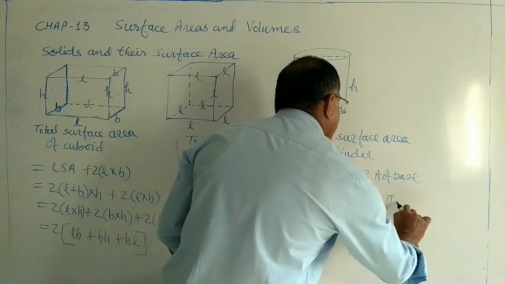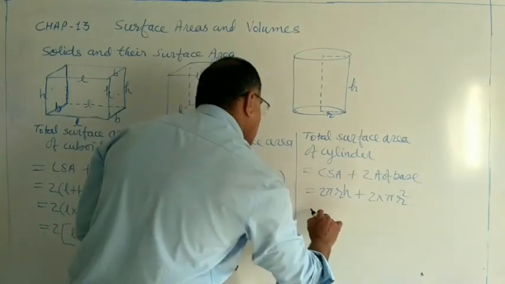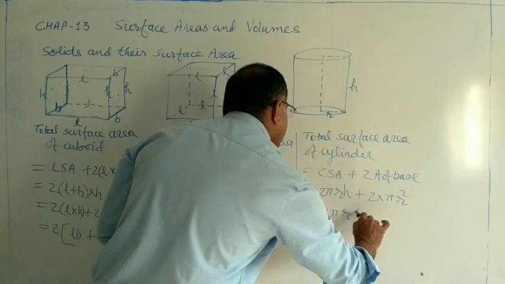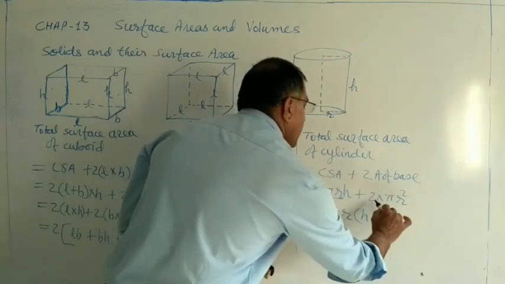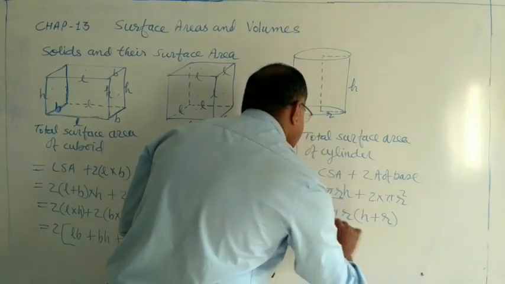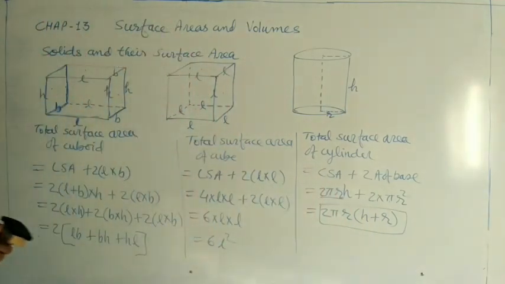So now 2 is common, pi is common, and r also common. Taking 2 pi r common, h is left in the bracket, and one more r left: h plus r. So this is the total surface area of cylinder.